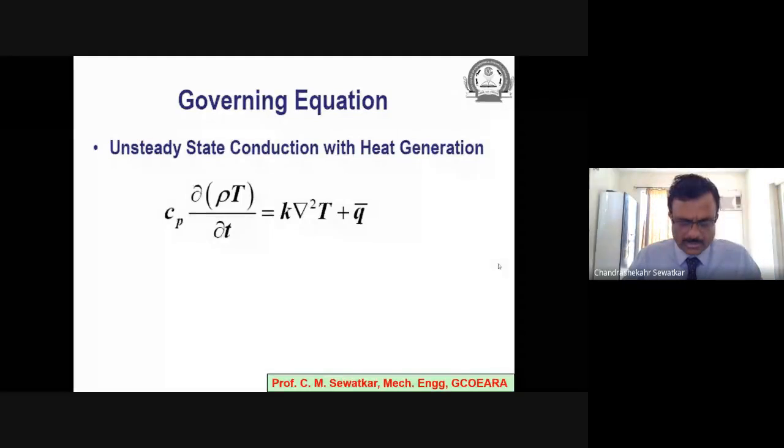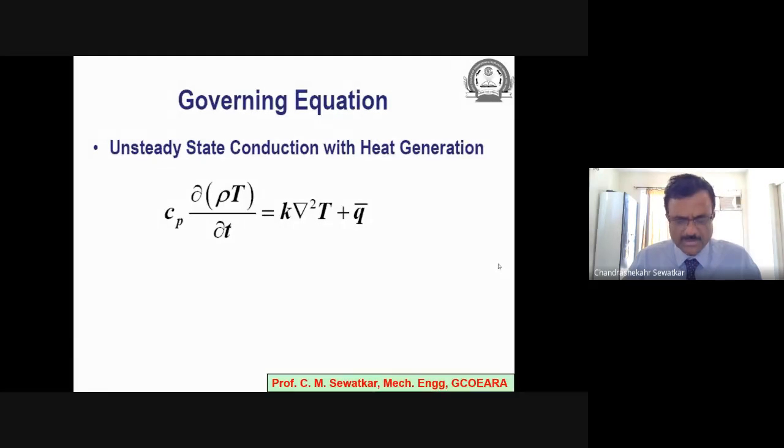So in this particular session, we will look at the conduction equation with heat generation, and we will try to understand how to apply the finite volume methodology to such a problem.